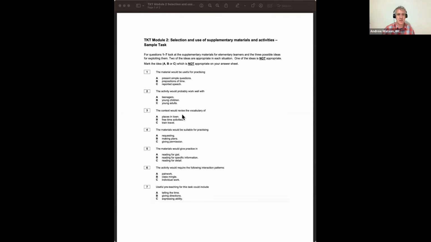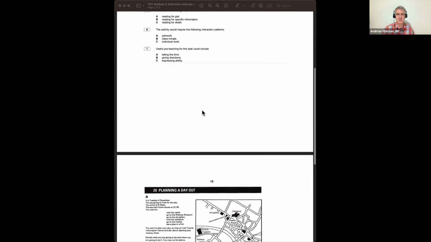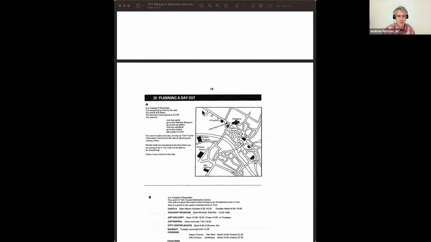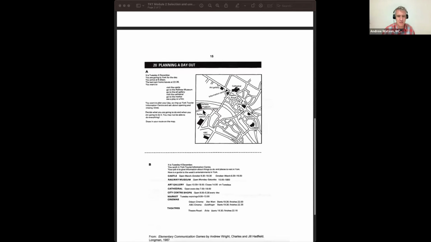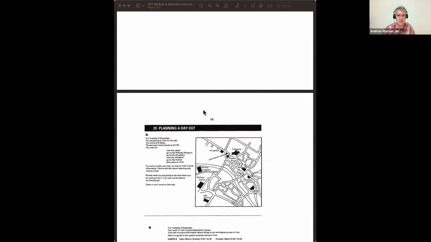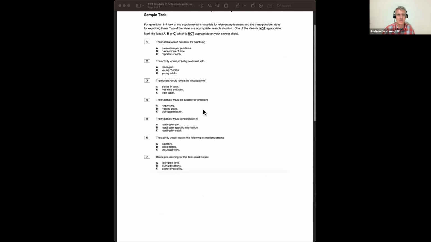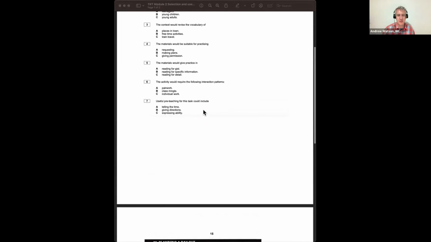B. The context would revise vocabulary of places and time, but it wouldn't be suitable for free time activities, really. It's more about train travel. Pretty free time activities.